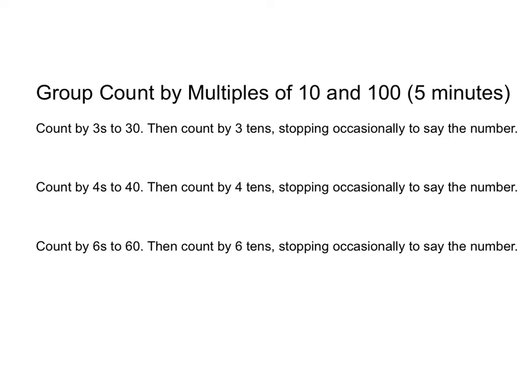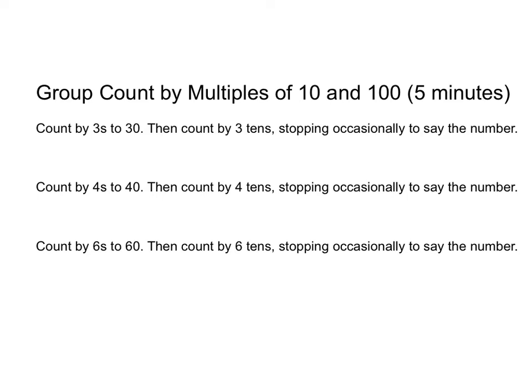All right, we're going to do the same thing, except this time we're going to count by fours. We'll start by counting just fours to 40, and then again we'll do the 4 tens. So let's start with 4. 4, 8, 12, 16, 20, 24, 28, 32, 36, 40. All right, we're going to do it again now with the 4 tens.